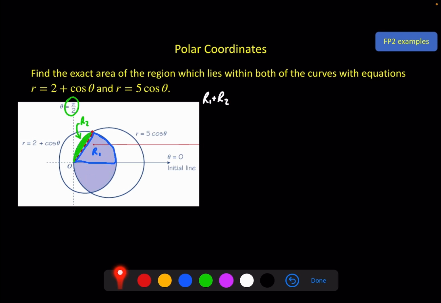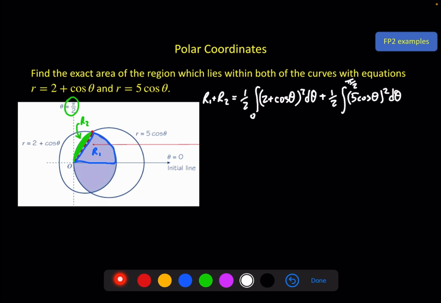So that is equal to half times the integral from 0 to this point here of 2 plus cos theta all squared d theta, plus a half from this intersection point to pi by 2 of this curve, 5 cos theta all squared d theta.